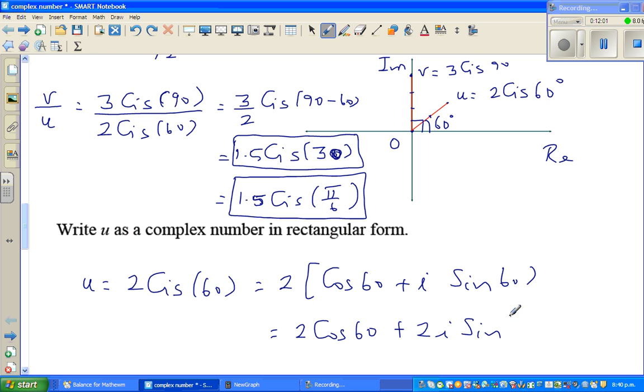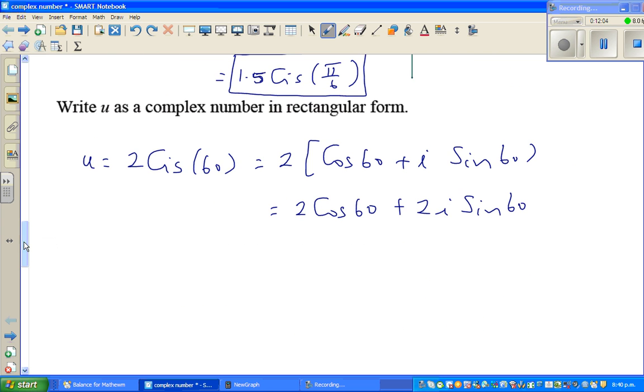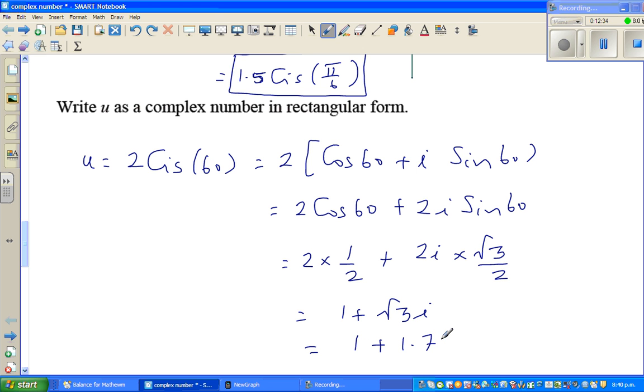Now we can do this on a calculator, but you should know how to do it without the calculator. 2 cos 60 is 2 times half, and 2i times sin 60, which is root 3 over 2. So the 2 and this 2 get cancelled: 1 plus root 3 i. The calculator will give you 1 plus 1.73i. This is the answer.